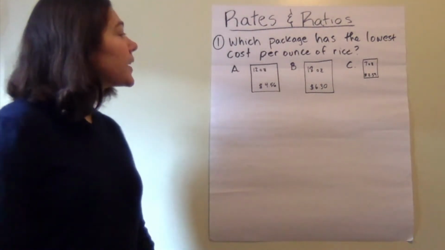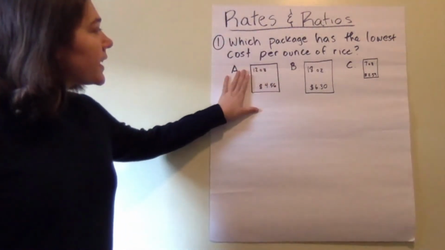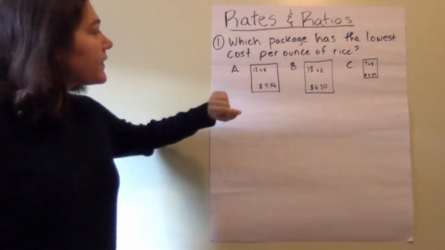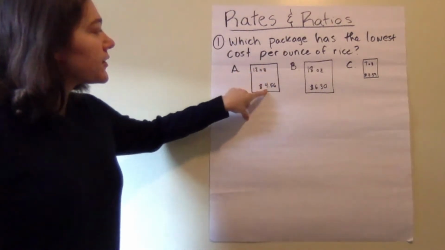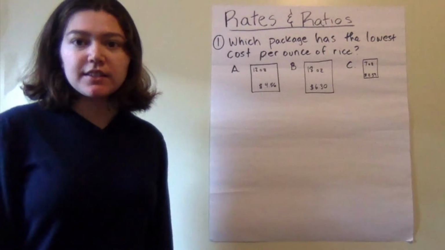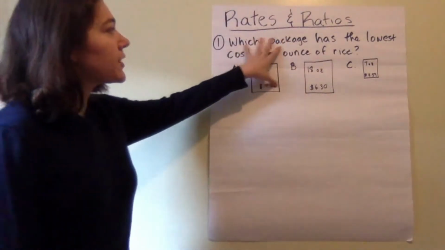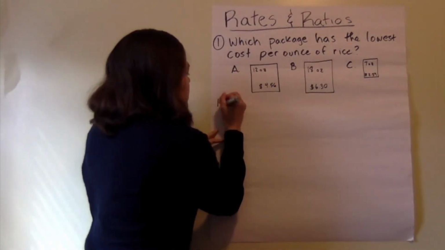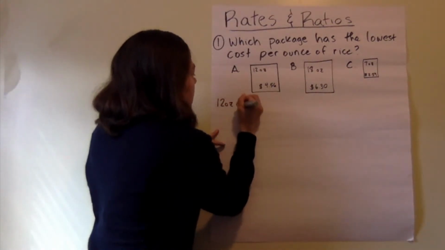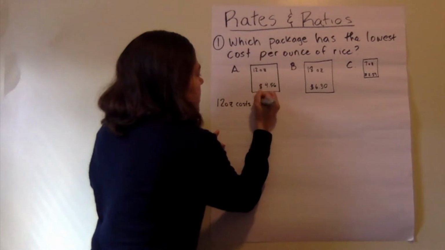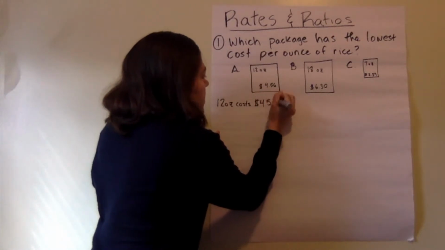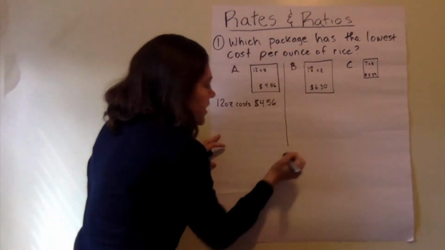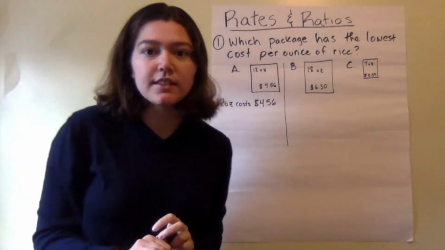So our first one, A, is 12 ounces. 12 ounces of rice costs $4.56. Okay, so maybe even if you don't copy down this question, please copy this down with me. 12 ounces costs $4.56.